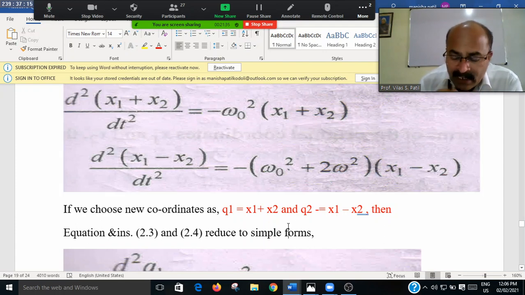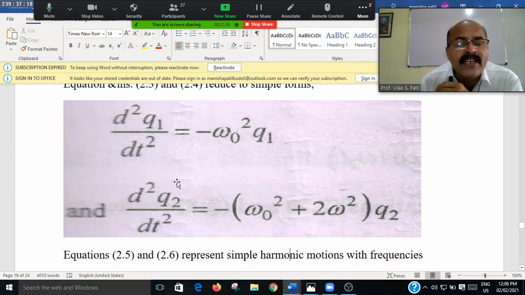If you take these two coordinates, then d2 q1 by dt square is equal to minus omega 0 square q1, and d2 q2 by dt square is equal to minus omega 0 square plus 2 omega square, in brackets, into q2.